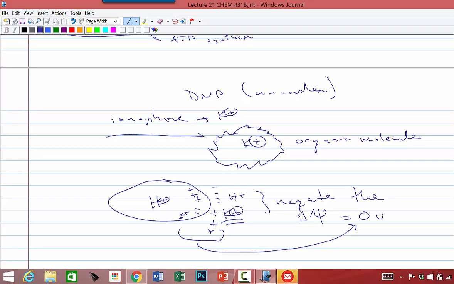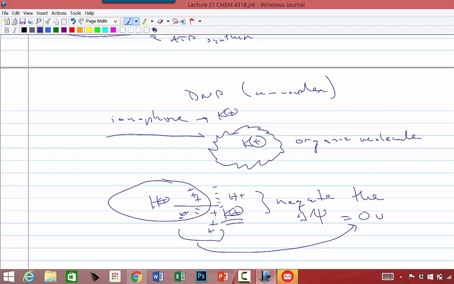That is correct. You still have the chemical gradient. So I'm trying to attach meanings to these words. You have a chemical gradient, but you don't have an electrical gradient. Okay? So because you still have the chemical gradient, these protons still want to travel through the ATP synthase in order to equalize that concentration difference.